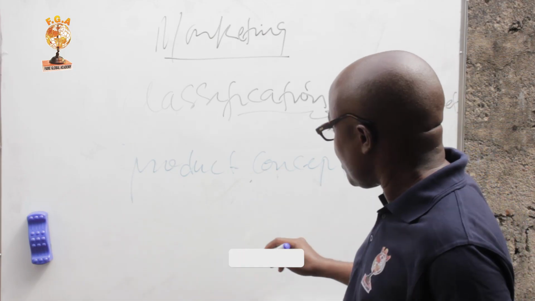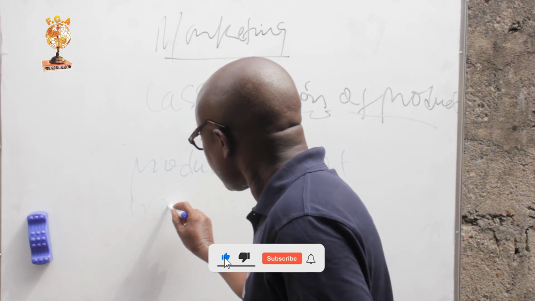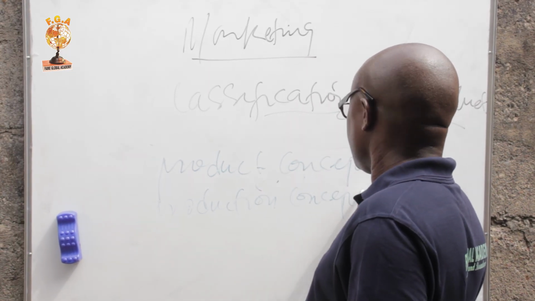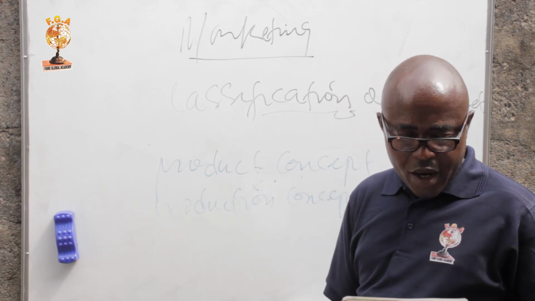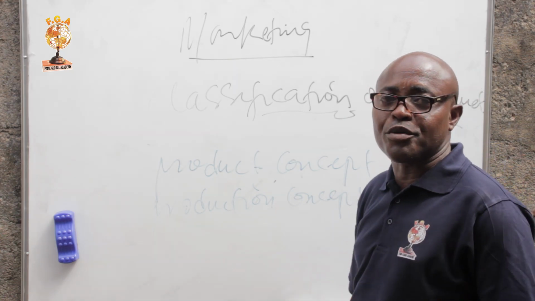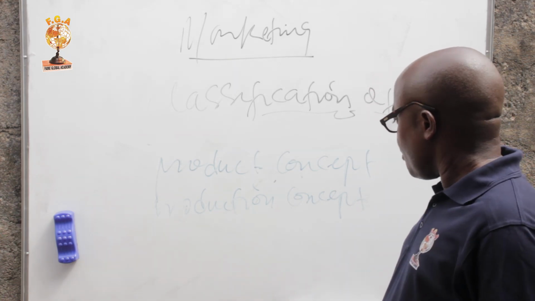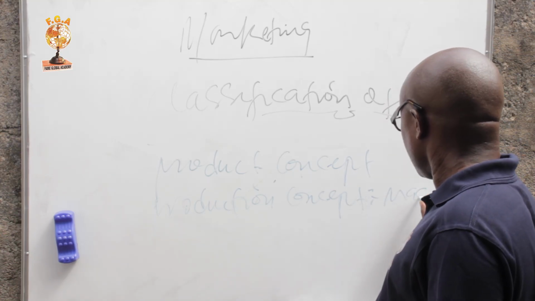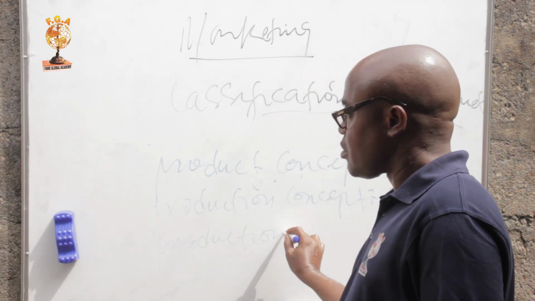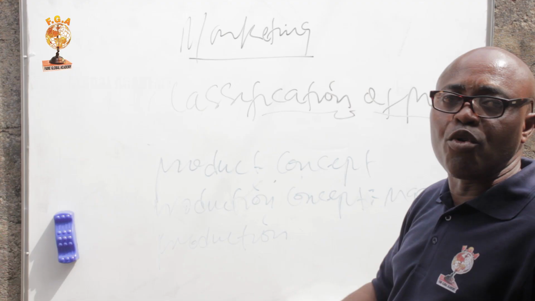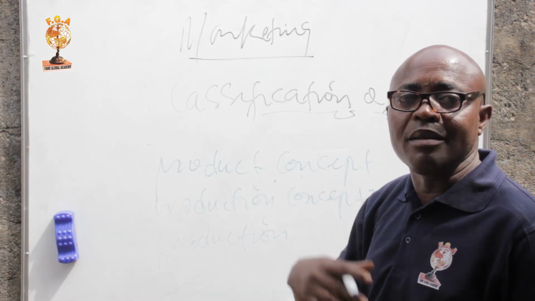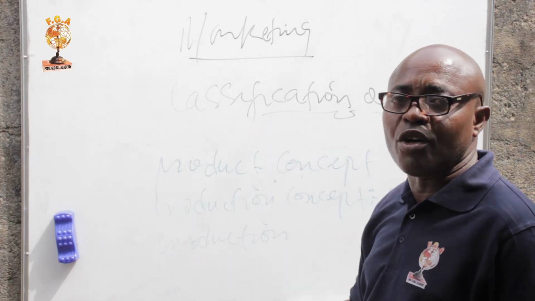Then you have the one referred to as the production concept. Now, by production concept, this particular one focuses on mass production, such as people who produce Indomie, pure water, Coca-Cola, drinks, Gary, and the rest of them.